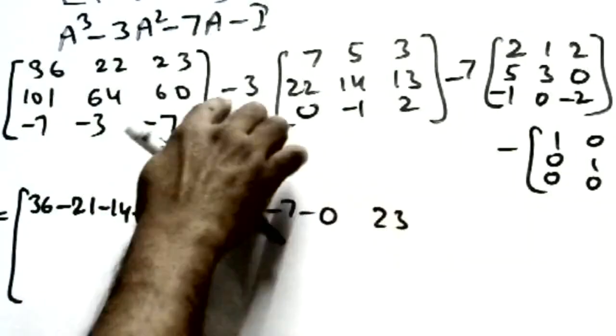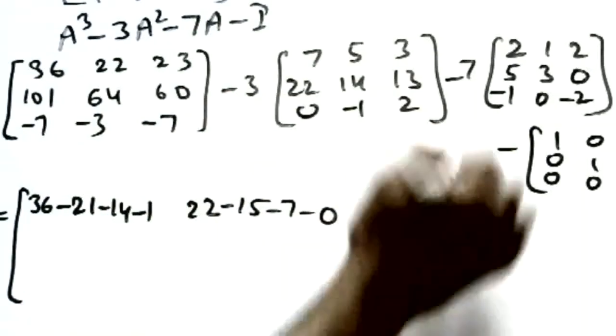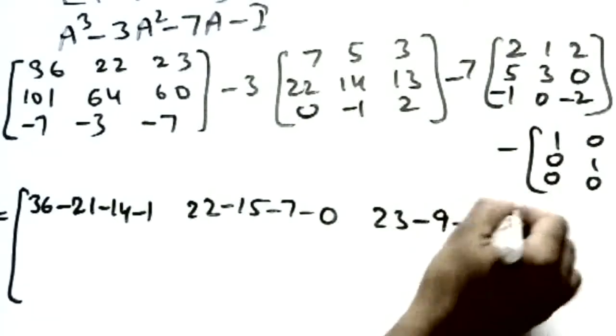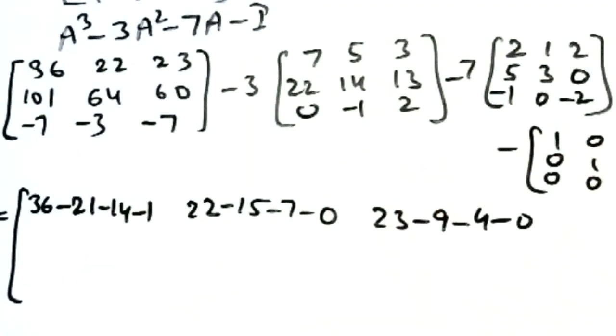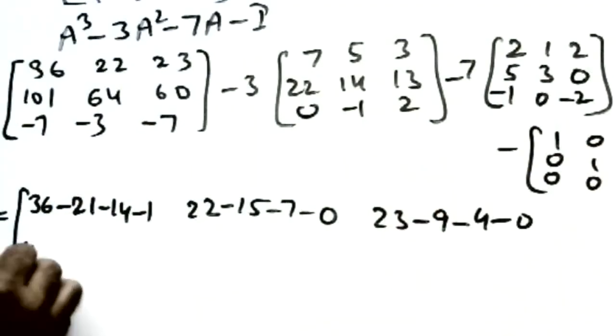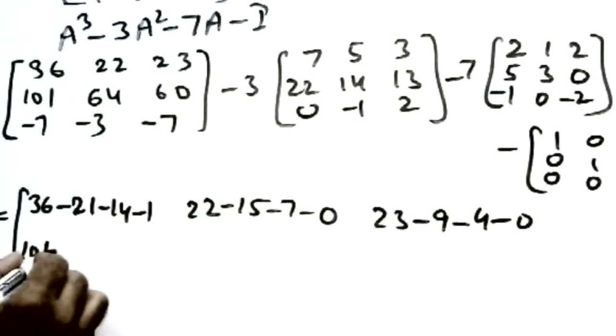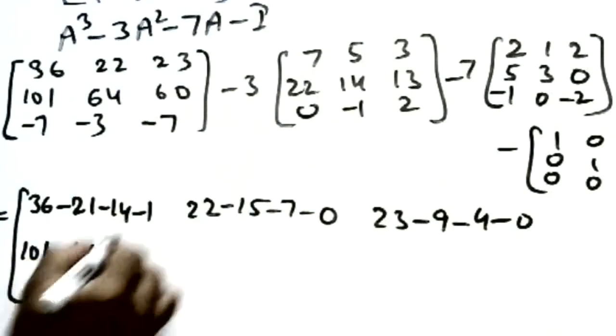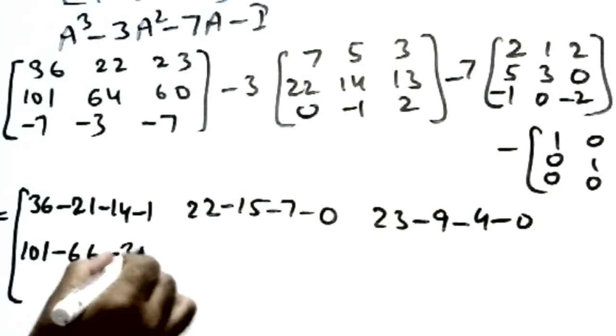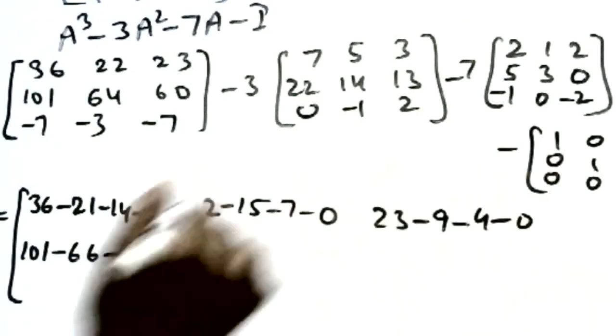In the same way the third terms: 23, minus 9, minus 7 2s are 14, minus 0, minus 0. Now for the next row: minus 3 into 22 is 66, minus 7 5s are 35.